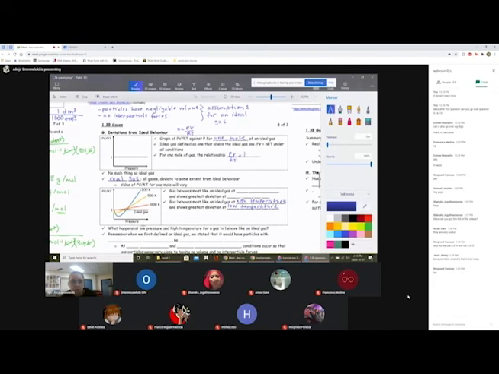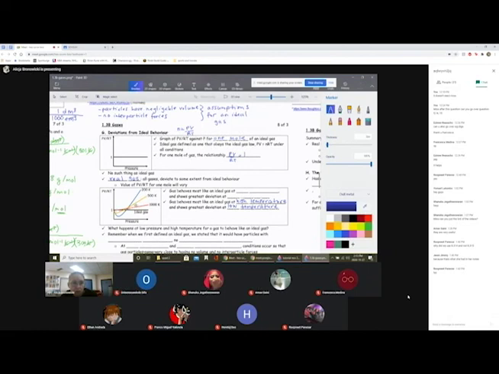Okay, let's take a look at pressure. So again, ignore that, just pressure. Especially this red one, it really behaves like an ideal gas at low pressure.